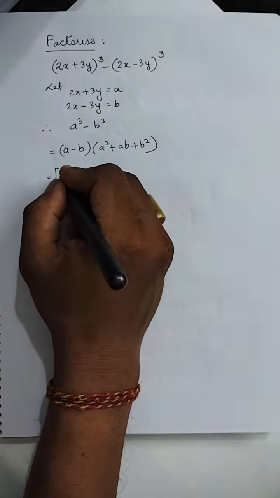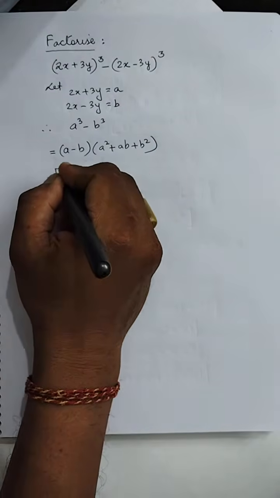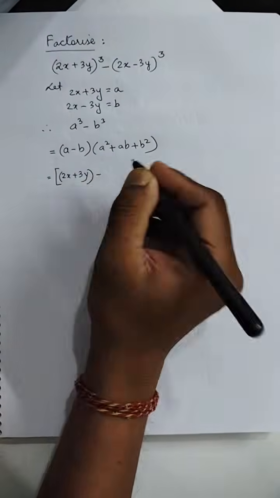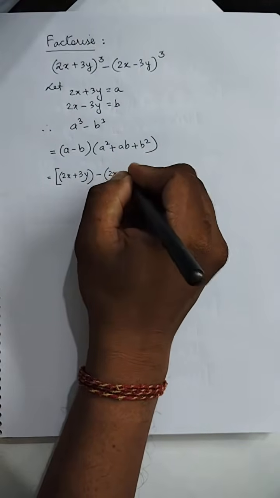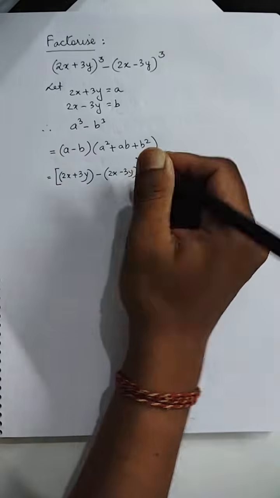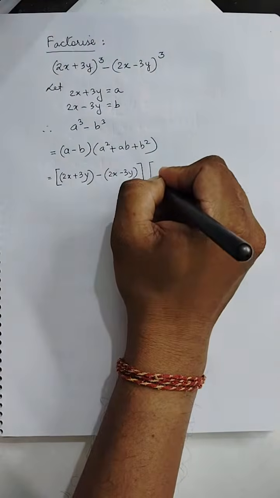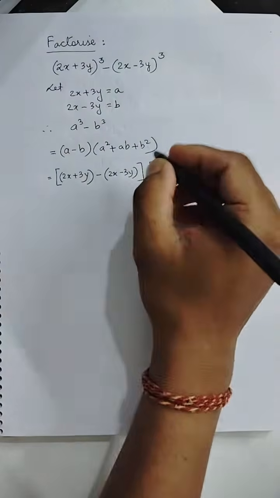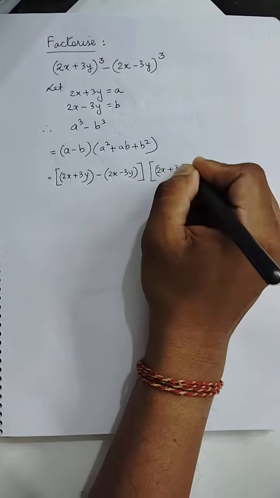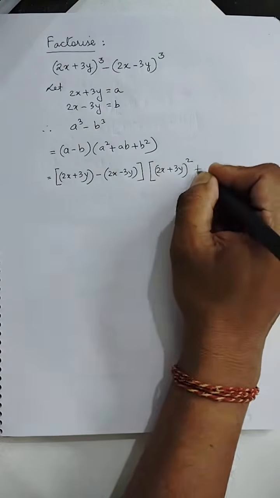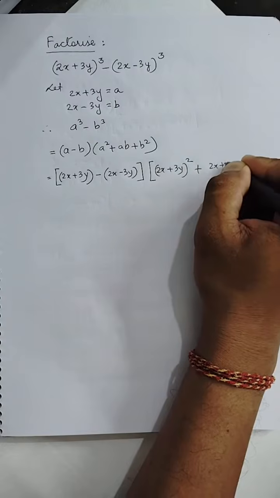A is 2x plus 3y, minus, what is b? 2x minus 3y. Then a square. A square is 2x plus 3y whole square plus ab. A is 2x plus 3y.